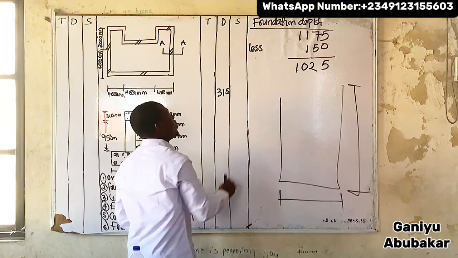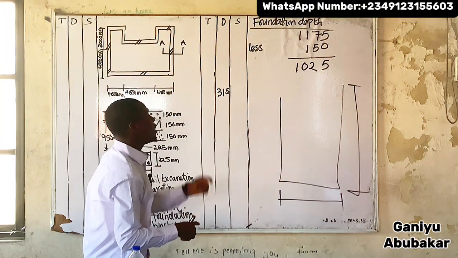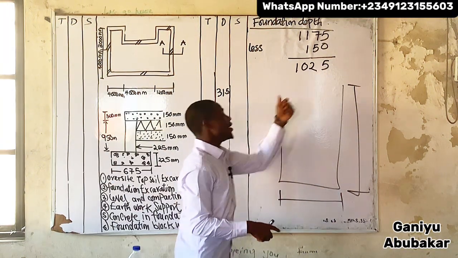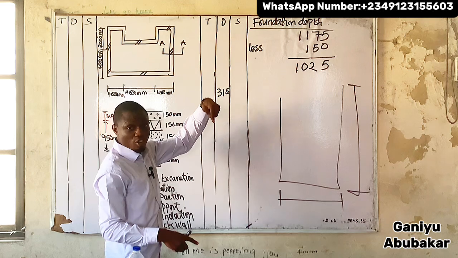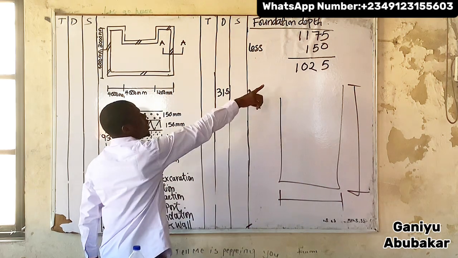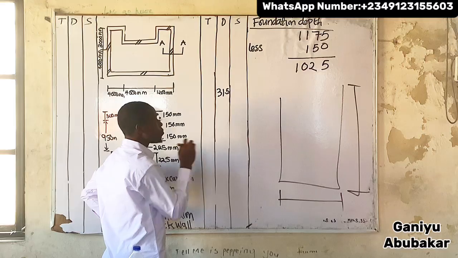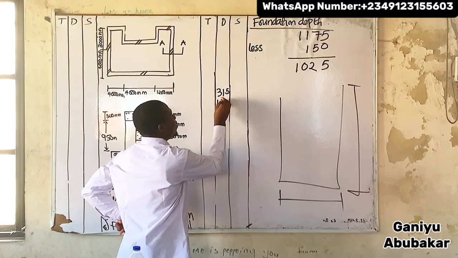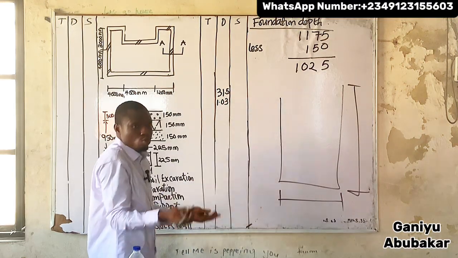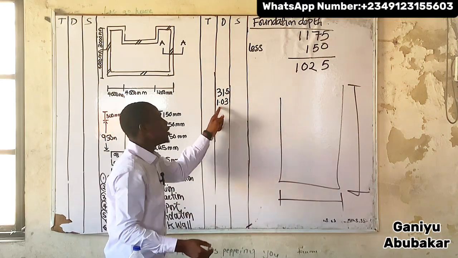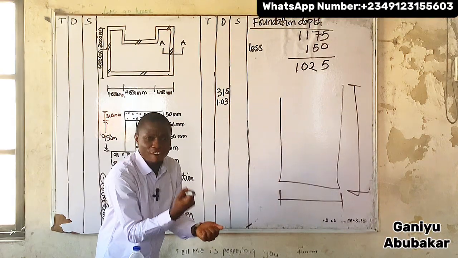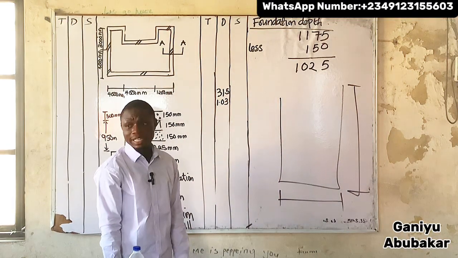Are we there? Next task now is to write out the value of this one here. Inside here is foundation depth. Give me the value in nearest meters. What do I have there? 1.03. Anything I'm putting here should be the value divided by 1000. We said that earlier.